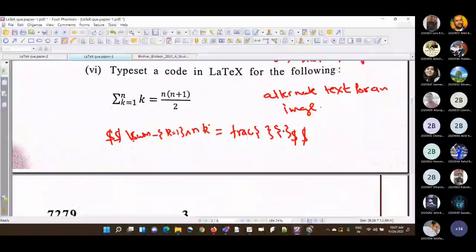Next, seventh part: give the output of the command PS arc.